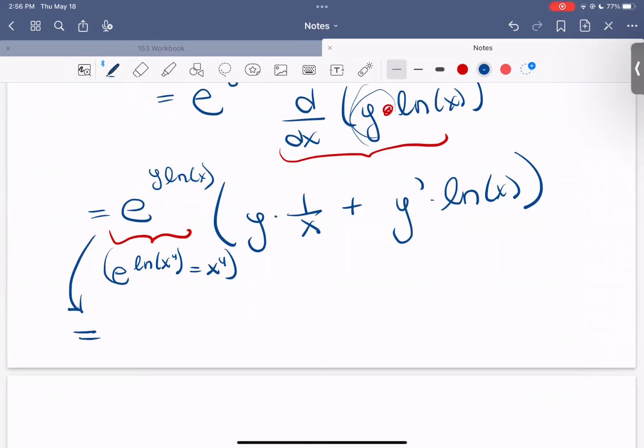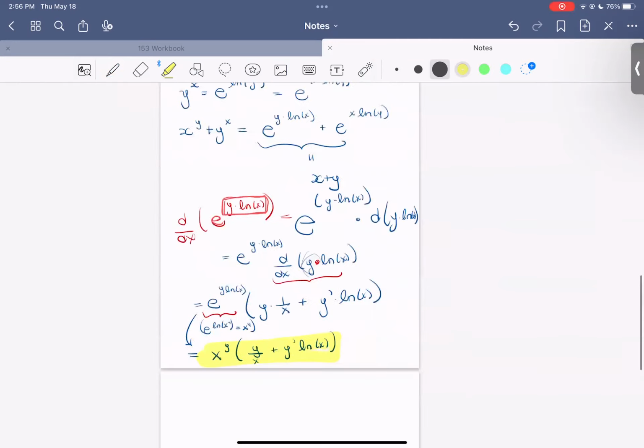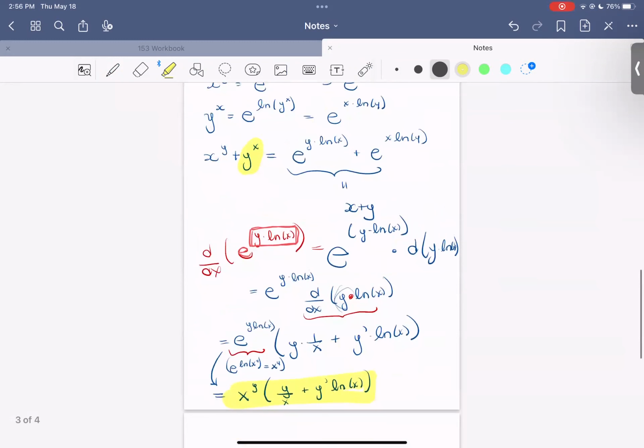So this is all equal to x to the y times y over x plus y prime ln of x. Cool. So now you can do that with that other term that we have, meaning starting with y to the x. And then from there, you can take the derivative of the right-hand side, which is the derivative of x plus y.